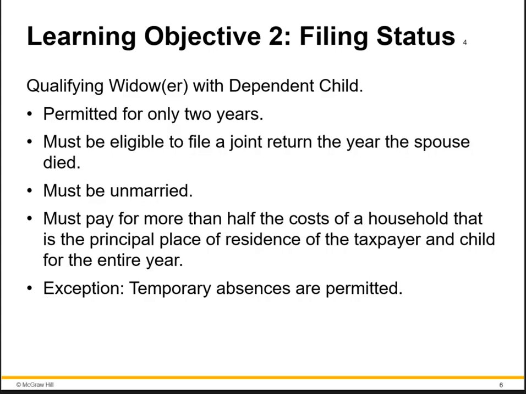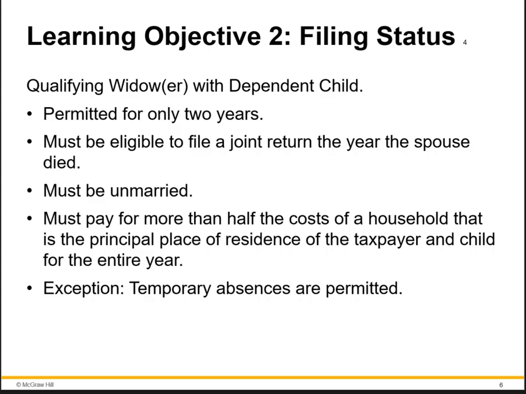So if I lose my spouse in 2024, anytime up to the 31st, I still file as if they were still alive in terms of status is concerned for 2024. Okay.